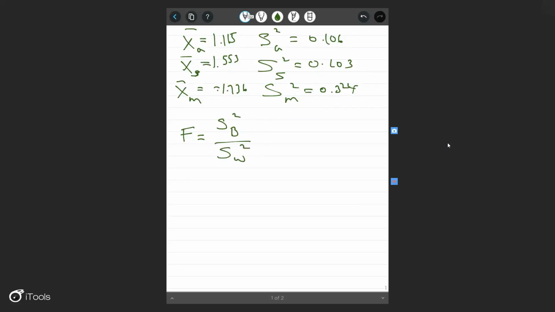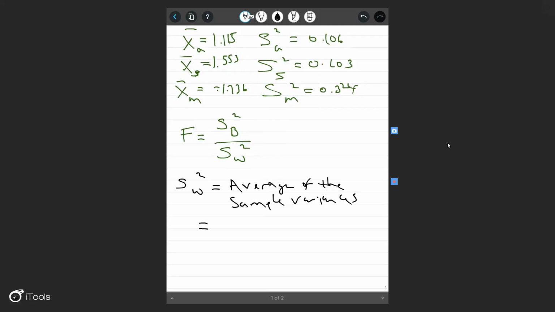Now, the within variance is the average of the sample variances.